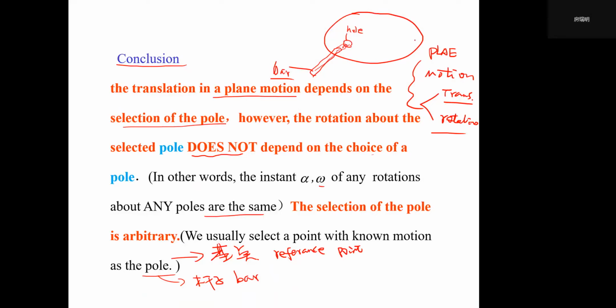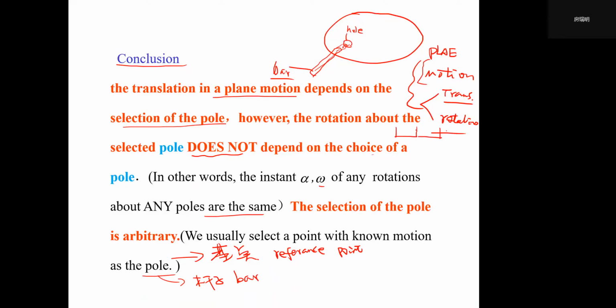Since this figure is in plane motion, it has two components: a translation component and a rotational component. Although these two components happen simultaneously, we can think of them as happening successively.